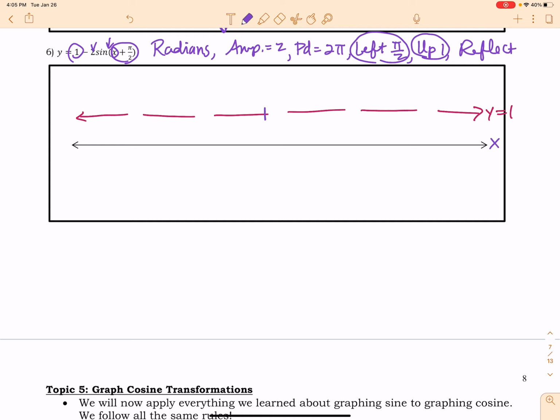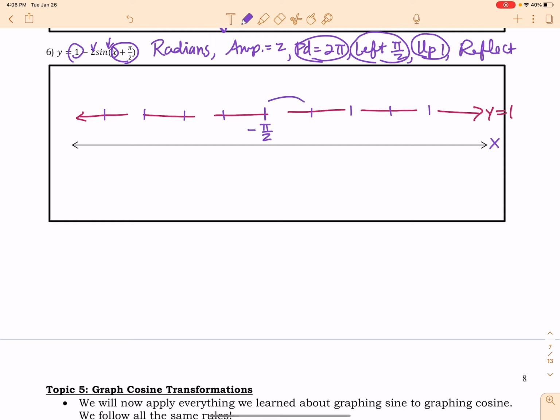So that means that my graph is actually going to start at negative pi over 2. I want a full cycle to the right of that and a full cycle to the left of that. So I'm going to draw 4 labels out to the left and to the right. Because the period is 2 pi divided by 4 is pi over 2, just like it is on the unit circle.